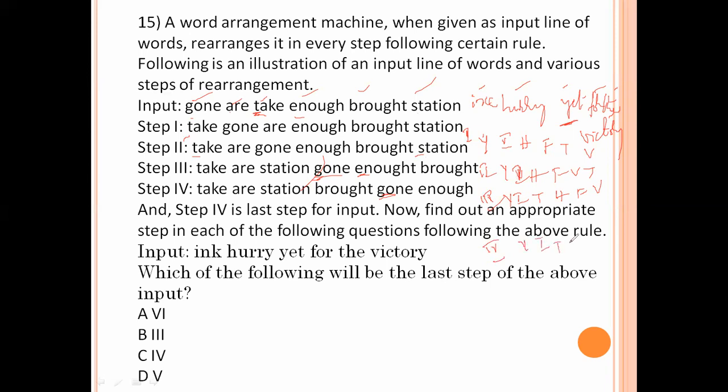Y, I, T, H, it is this one, V, F. Next, the fifth one: Y, I, T, V, F, H. So in total, in 5 steps it will complete. So option D is the right answer, 5.